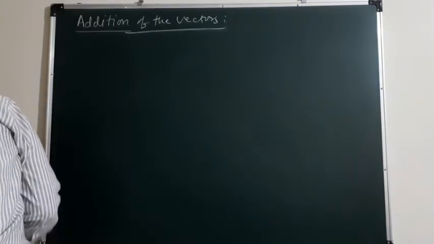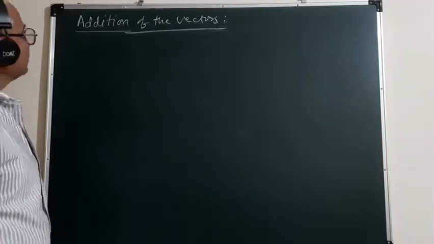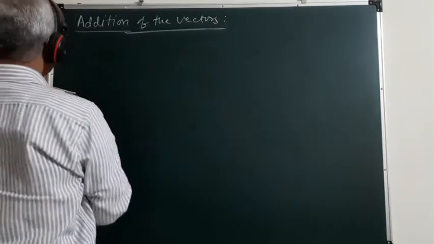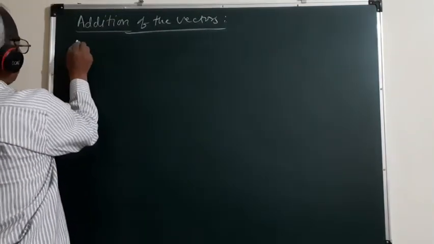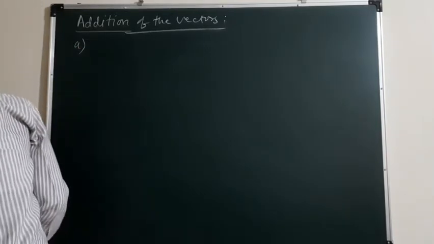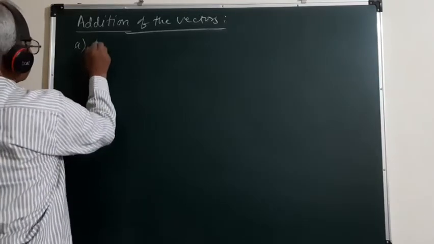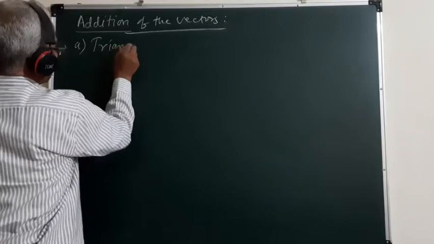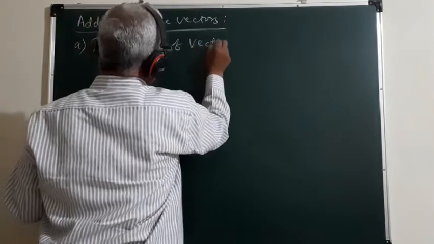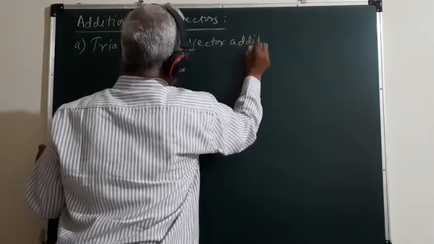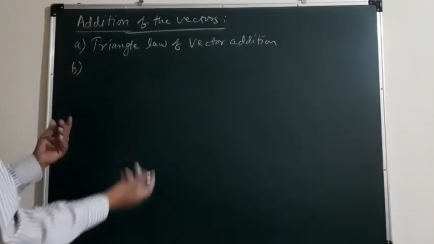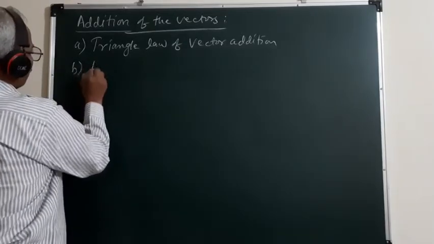The different vectors can be added or subtracted by 3 different methods. There are three different ways in which we can perform the addition of vectors. The first method is the triangle law of vector addition. The second method is the parallelogram law of vector addition.